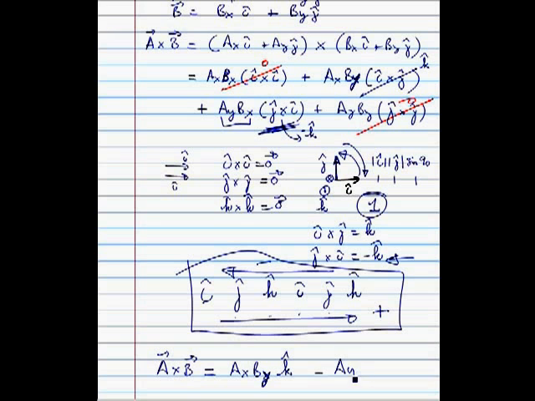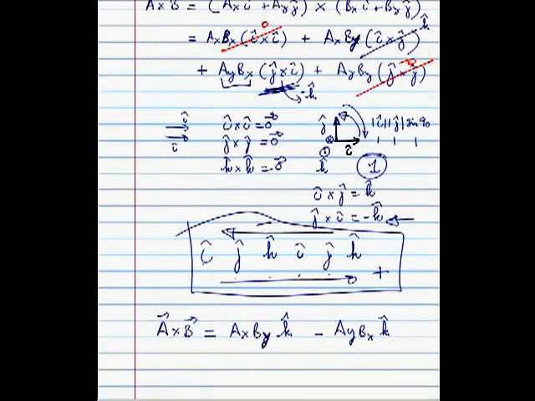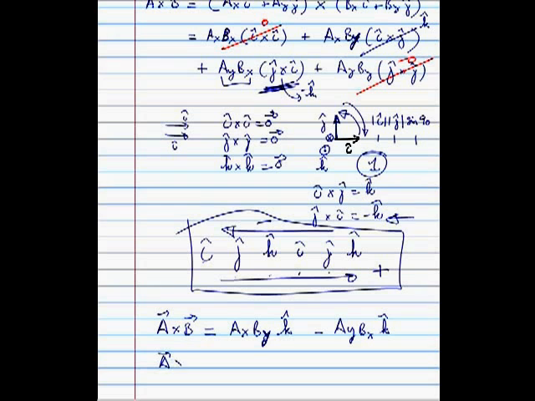And the other cross term is ay bx times k. So a cross b, I can factorize the k out: (ax by minus ay bx) k.